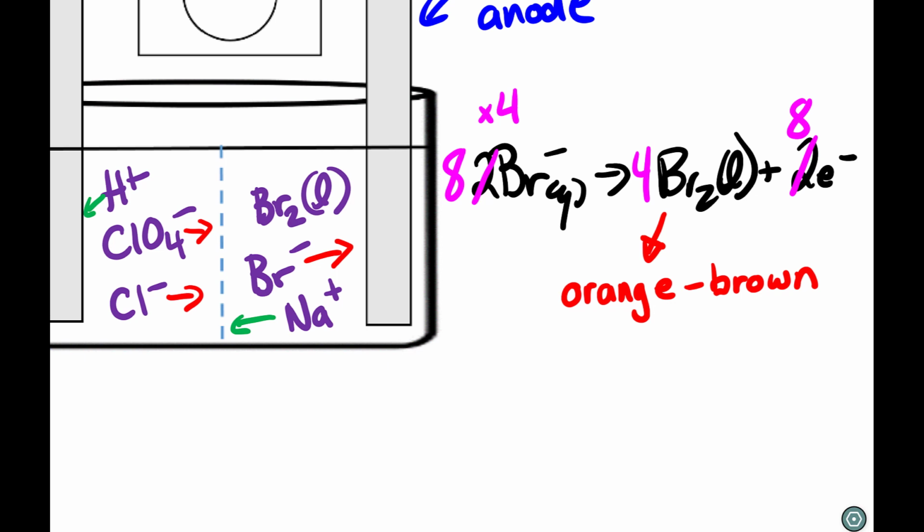And so what you would actually start to see is some Br2 building up on that electrode, and it's going to look darker here. It's going to be a bit orangey brown, yellowish brown, something like that. As long as the word ends with brown, so yellowish brown, orange brown, reddish brown, those are all fine for that one. That's something that had to be memorized.